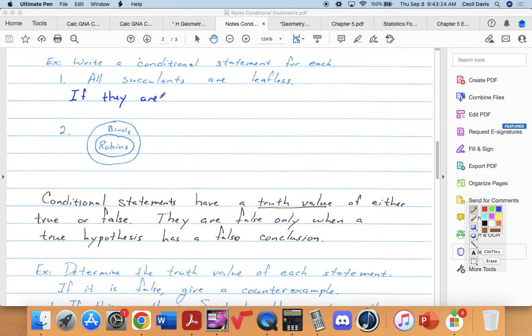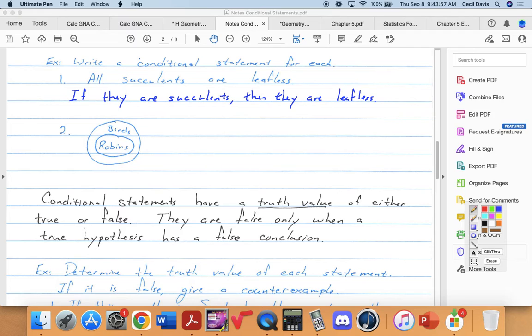If they are succulents, then they are leafless. It's also not important that you know whether this is true or not. Okay?